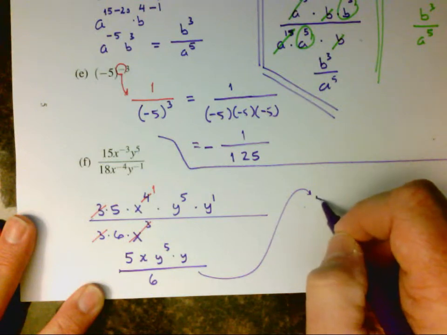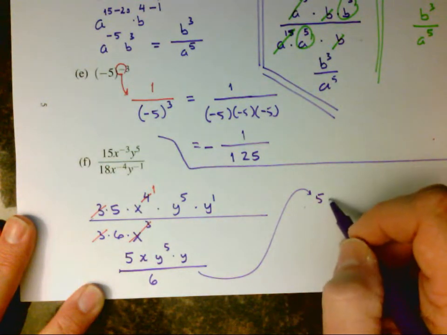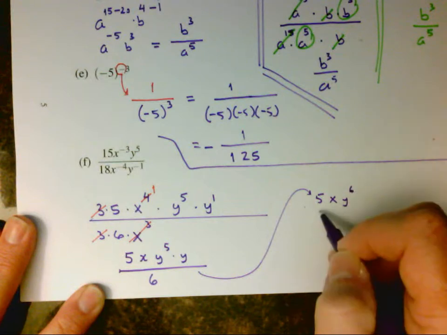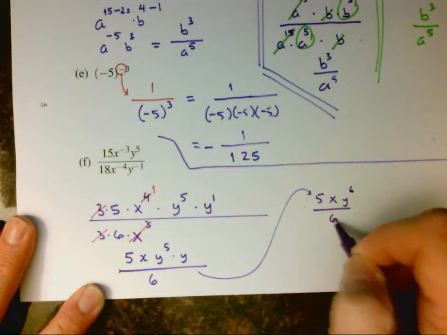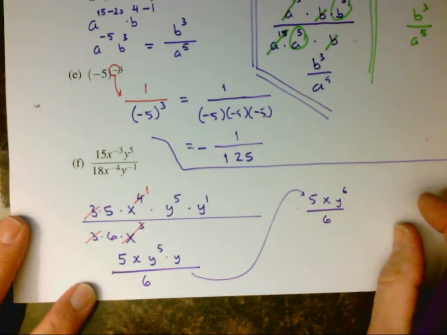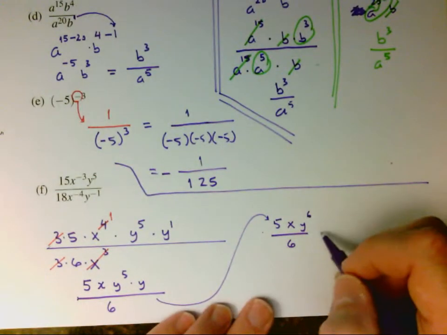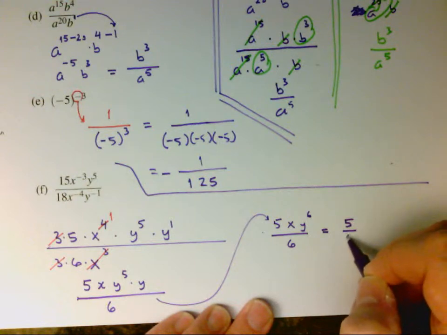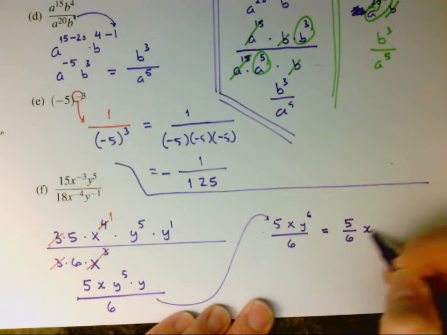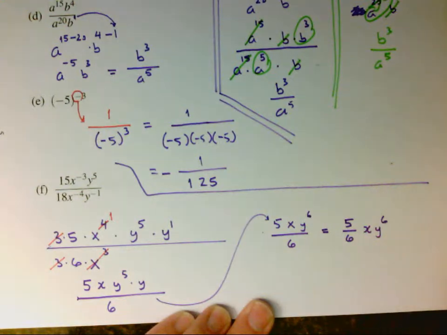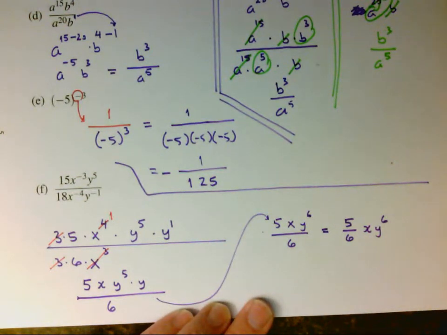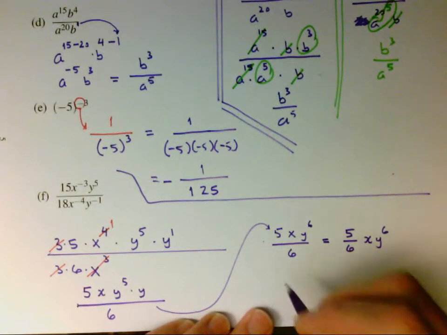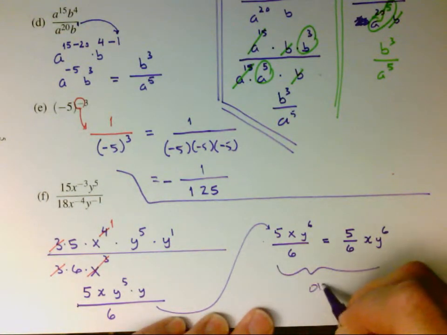So we will have 5x y to the 6th over 6. That would be the same thing if somebody wanted to write it as 5/6 times x y to the 6th. So either one of these is okay.